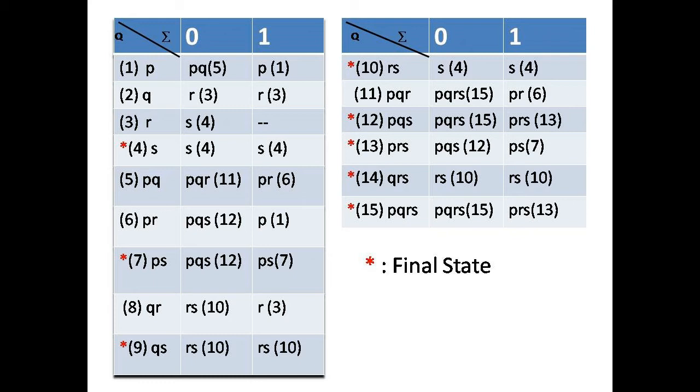P on 1 symbol goes to itself, that is P. In the same way, we find the delta' function and construct this delta' function table. Relabeling is done to make it easy to solve the example.